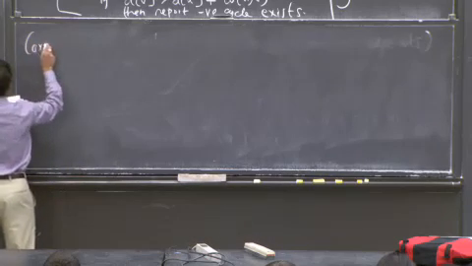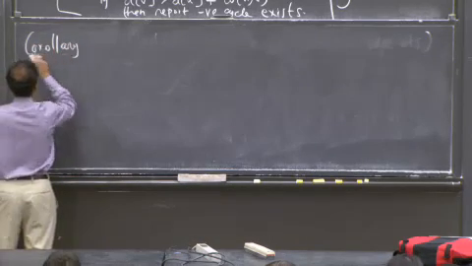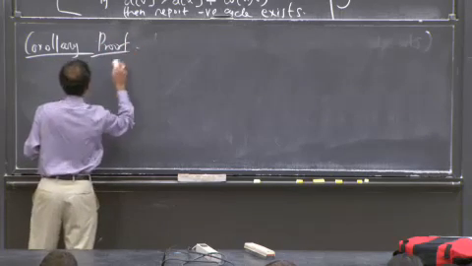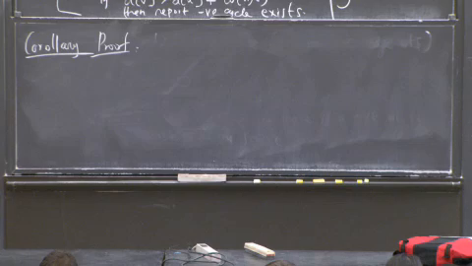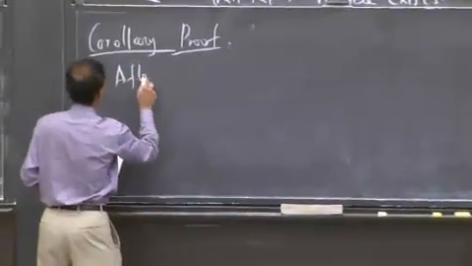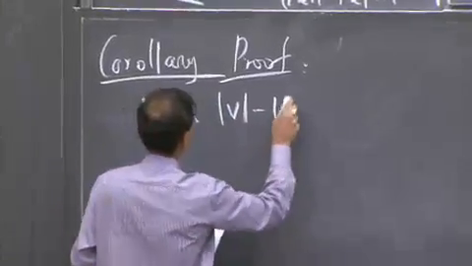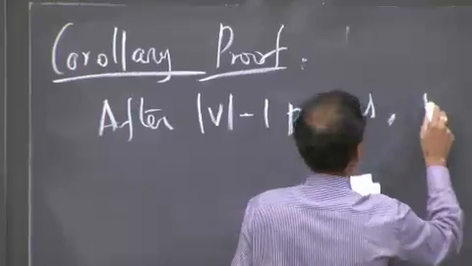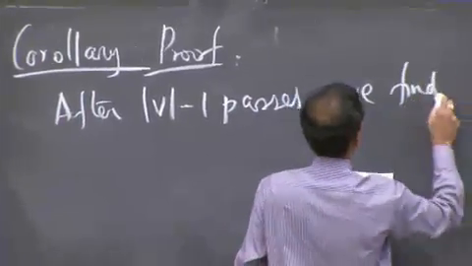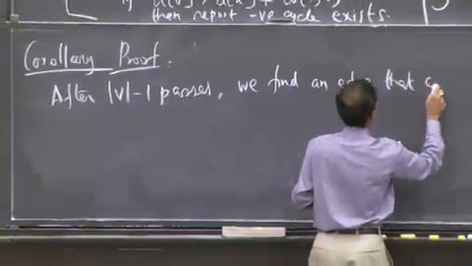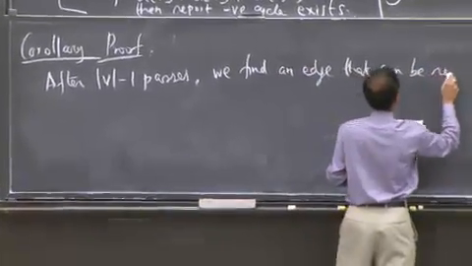So at this point, let's say that I've done my v minus 1 passes, and we find an edge that can be relaxed.